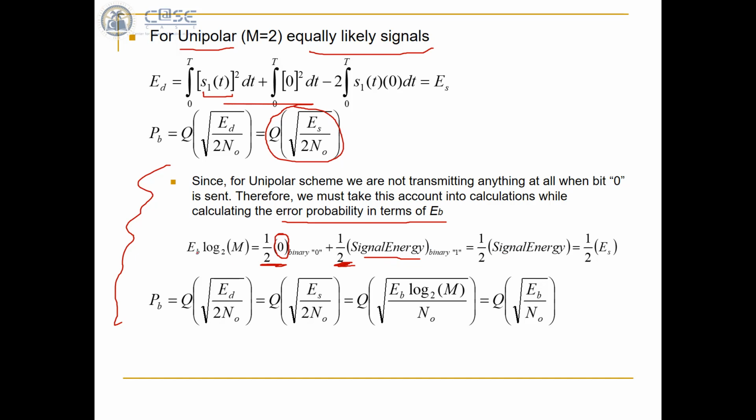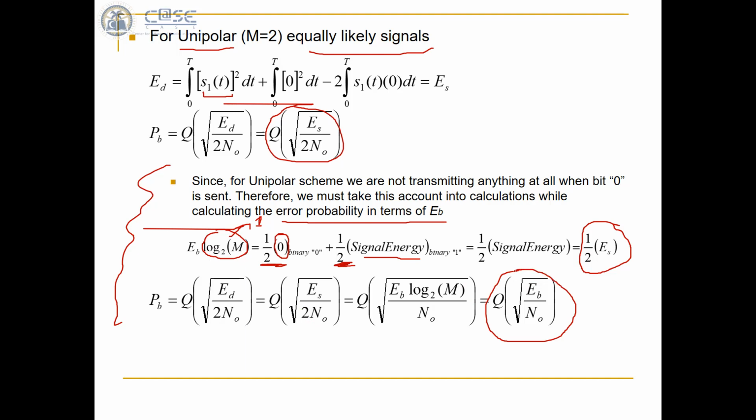So as a result, EB log 2 of M, where log 2 of M is 1 in our example, so EB would be equivalent to 1 by 2 times ES, or in other words, ES will be equivalent to 2 times EB. So if you write ES in terms of EB for the unipolar scenario, you would be substituting 2 times EB there, and the 2 will cancel out with the 2 in the denominator, and you end up getting this equation.